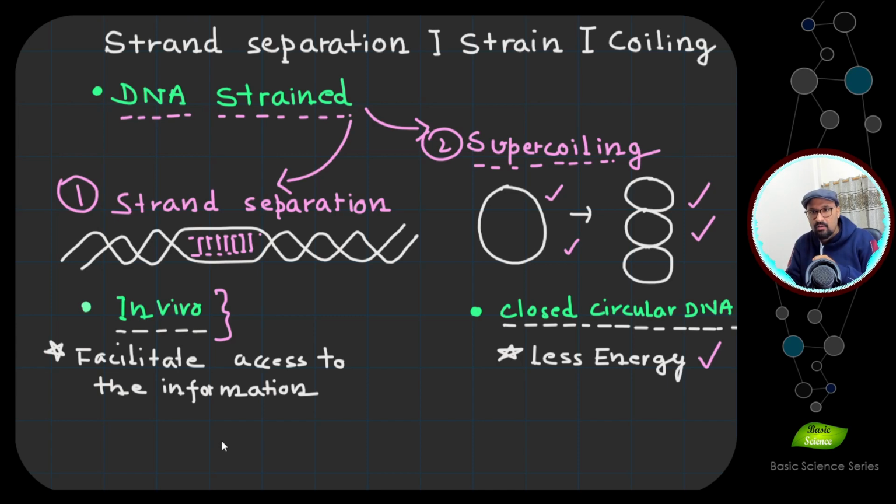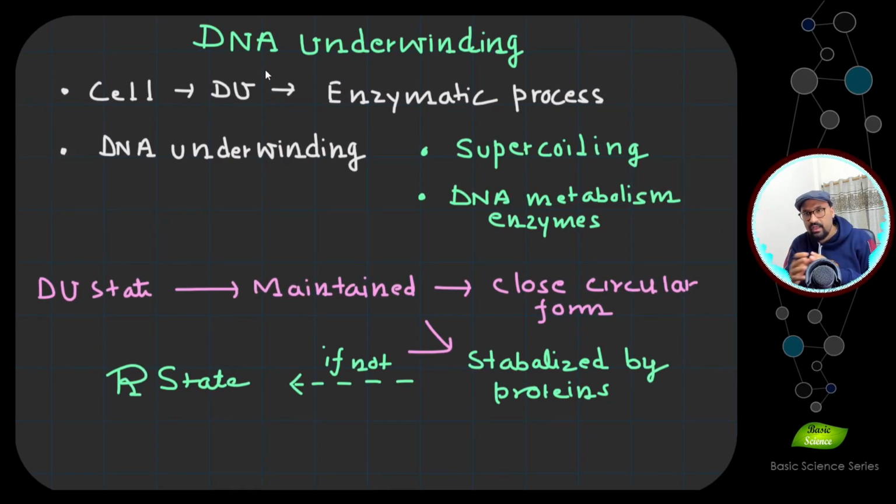All right, so now let's move on to the third part. All right, so now we are in the third part, where I'm going to extend whatever we have discussed in a little bit more detailed way, where as you can see, I mentioned DNA underwinding as DU.